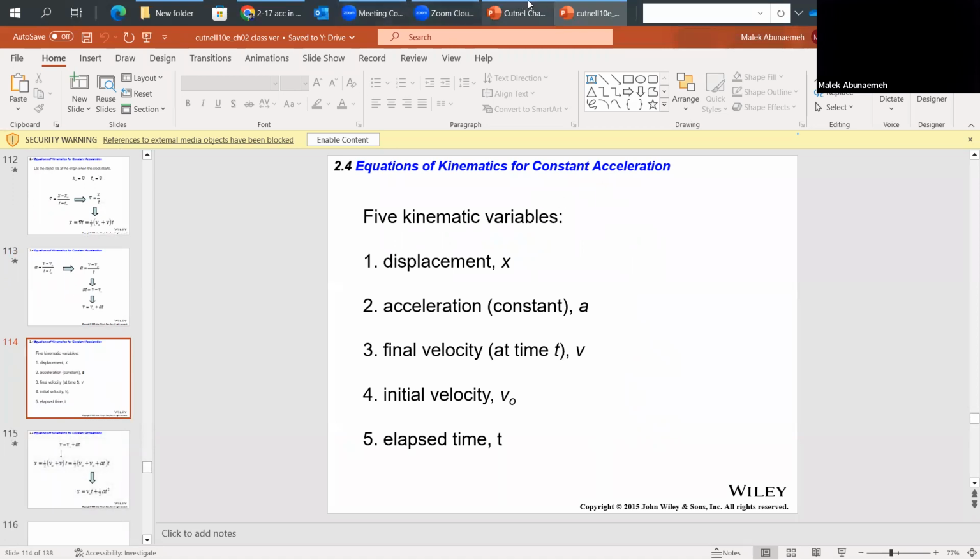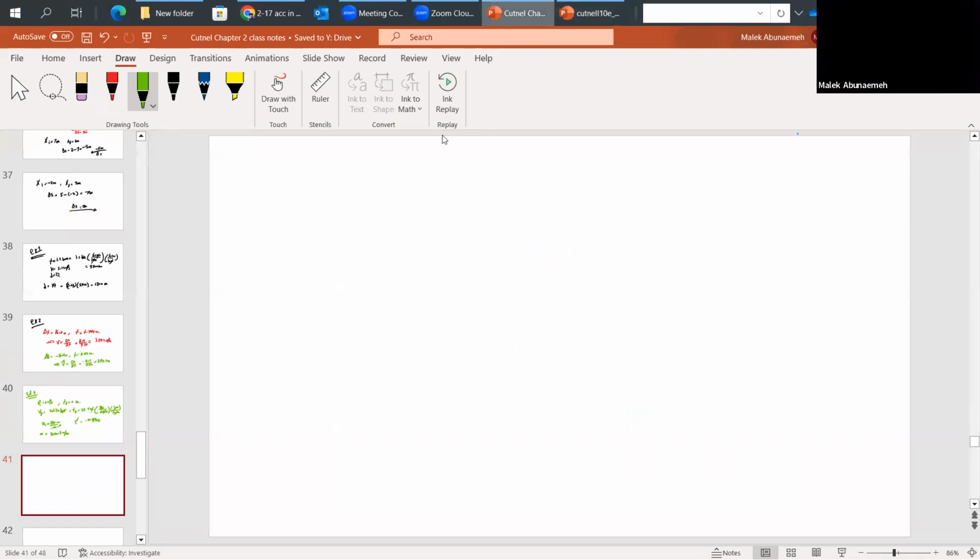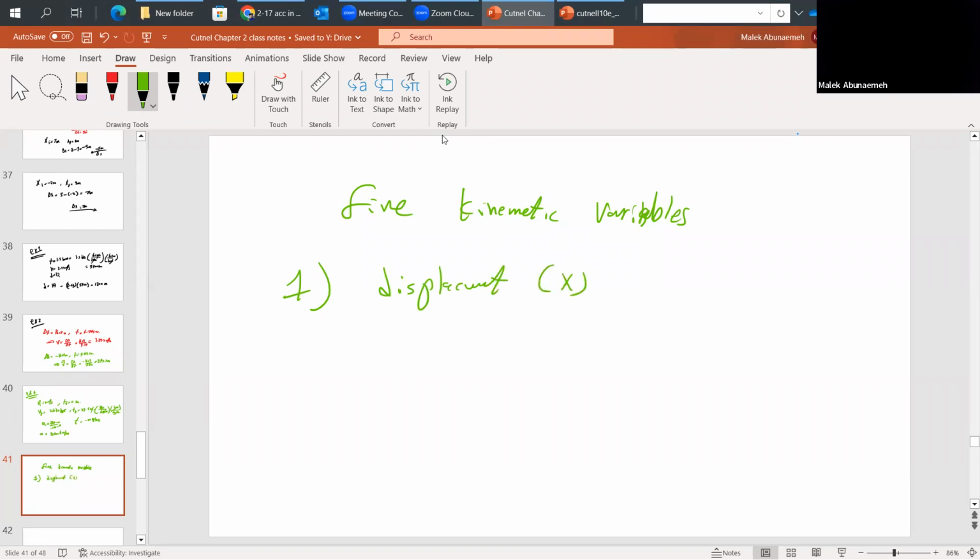And let me go ahead and write them down. Your 5 kinematic variables. Number 1, your displacement, which we define as x. Number 2, your acceleration, which is your a.